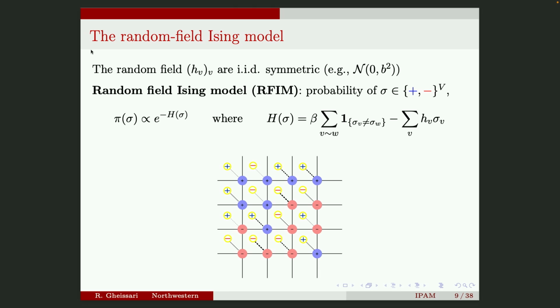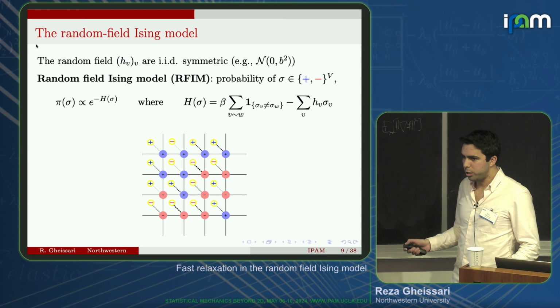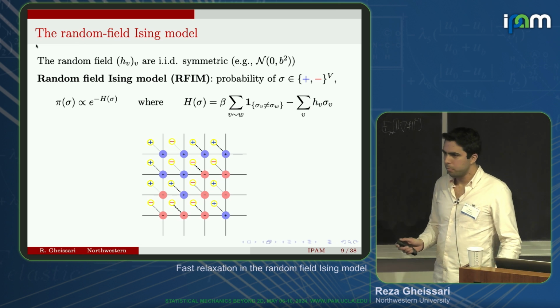Okay, so what that does is that it adds this linear term into the probability distribution. And here I've tried to make the lines thicker where it's a bigger field and thinner where it's a smaller field. And then the sign is telling you what the sign of the field on that vertex is. So if it has a field of plus, it wants to be more plus, but it also has the interactions with its neighbors. Okay.